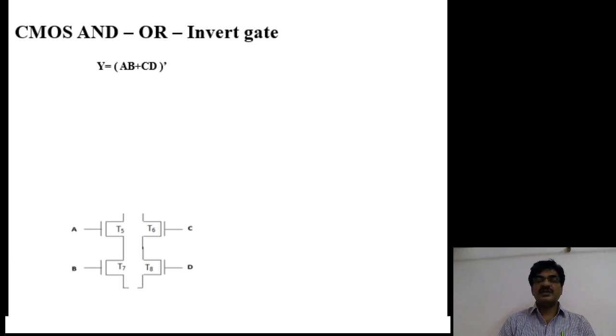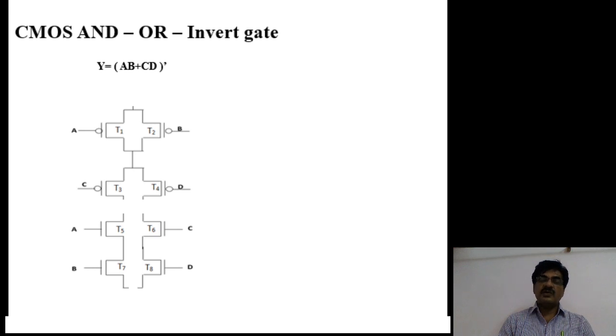Now with reference to this pull down network, connect pull up network. Since AB NMOS transistors are in series, therefore the corresponding PMOS transistors connection is in shunt. Similarly, since the CD NMOS transistors connection is in series, hence the corresponding PMOS CD transistors are in shunt.